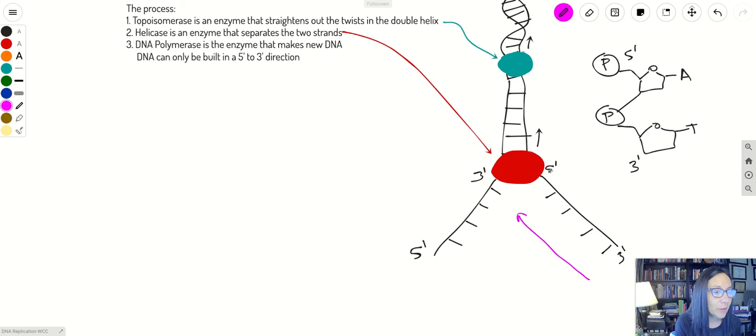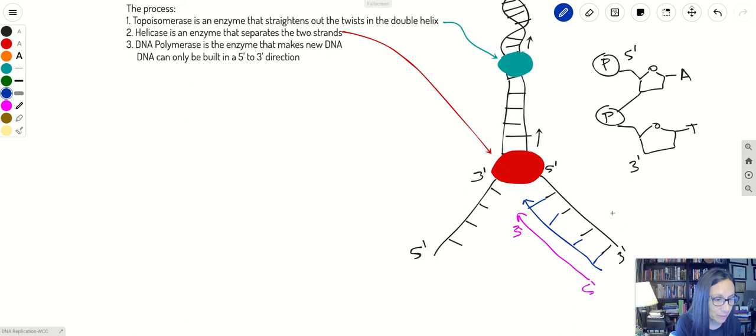And because this is 5 prime up here and 3 prime down here, that means the new DNA has to be 5 prime to 3 prime in that direction. So the new strand, which I'm going to make blue, is going to be built like this. So here's the new DNA, okay? It's going to be built here, and then here, and then here, and then here, okay?